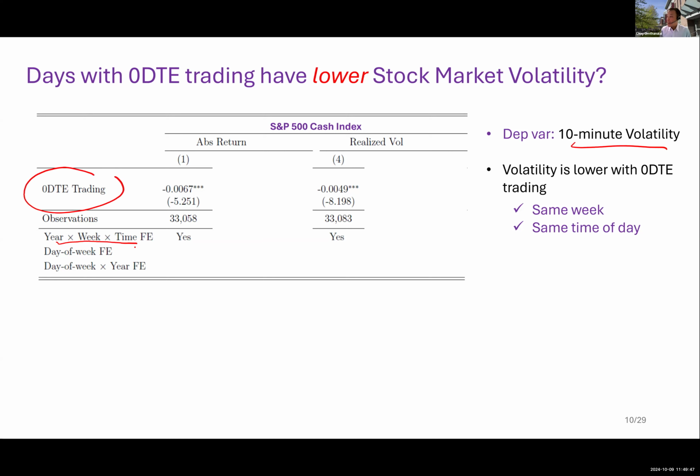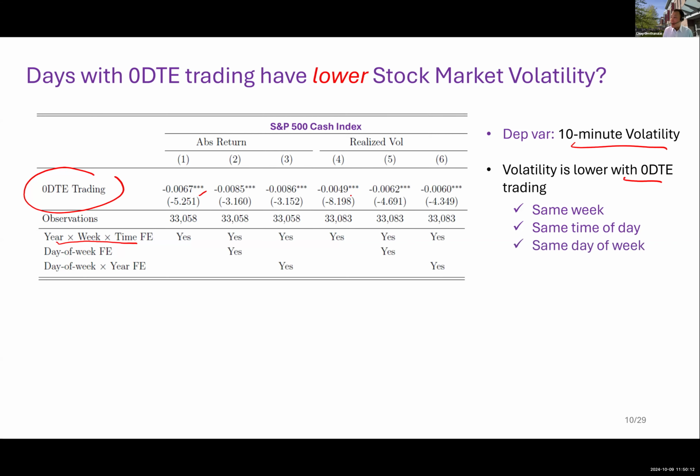And we are showing that the volatility is lower on days with 0 DTE trading. The magnitude here is quite large, 67 and 49 basis points. Because of this set of fixed effects, we are controlling for the volatility within the same week and same time of day. And same time of day is the 10-minute interval time of day during the same week.